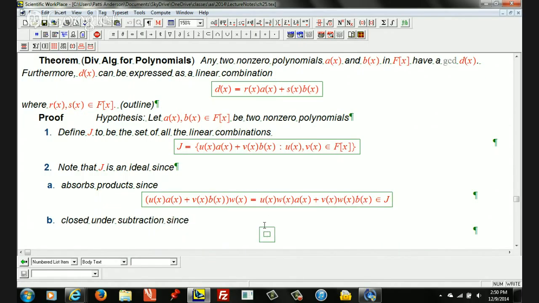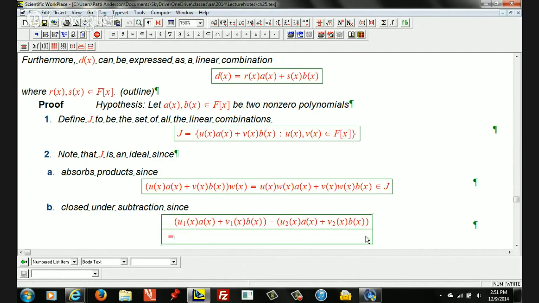If you subtract two of them, this is going to be some u1 a plus v1 b minus some u2 a plus v2 b. But what happens? Terms in subtraction, yes. Factor out the a's and b's.